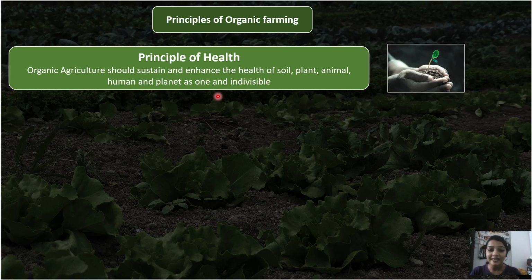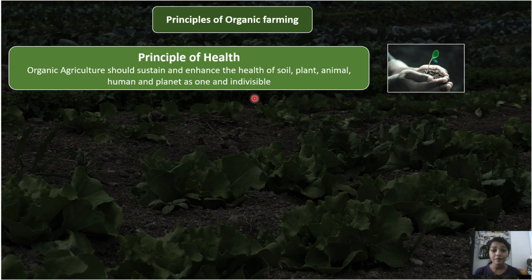as one and indivisible. According to this principle, the health of every organism is important, the health of soil is important, the health of microorganisms living in the soil is important, the health of all the plants, all the animals and all the human beings is equally important.